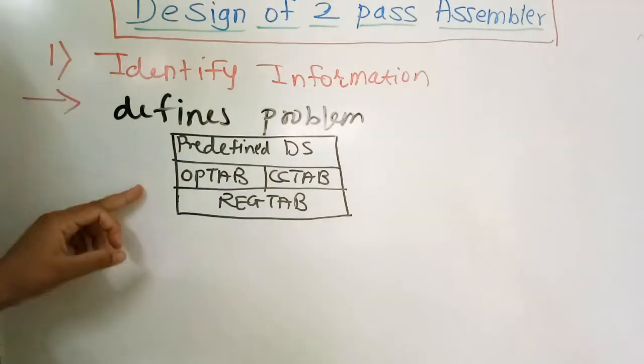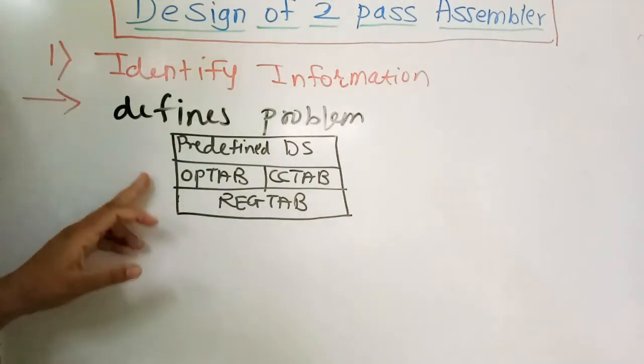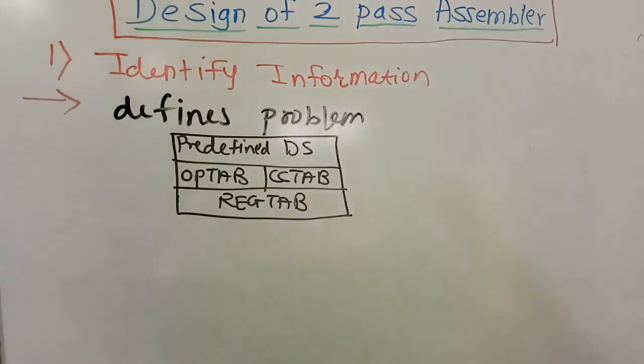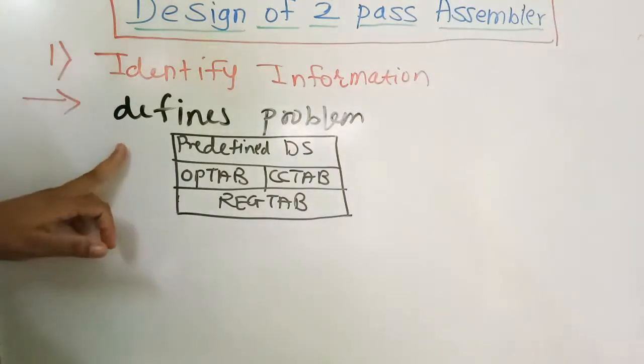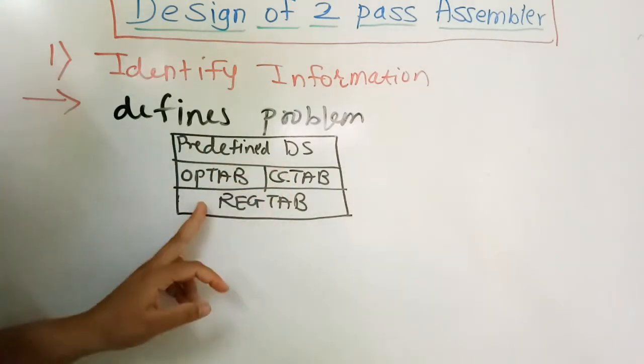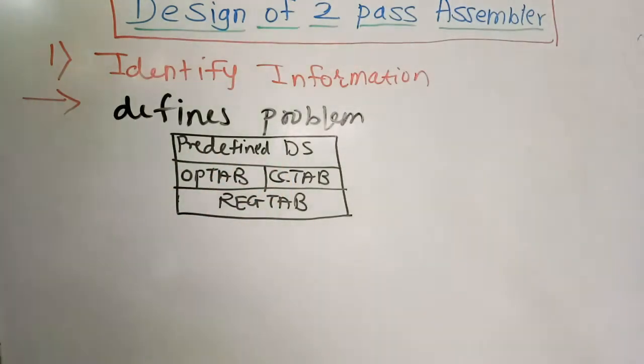While identifying the information, some tables are provided by the assembler itself. Likewise, in C, the stdio.h header file provides us some basic mechanisms. Same like that, this assembler provides us these different tables, that is the operation table, condition code table and register table. These have specific meanings and specific values listed in them previously. We don't have to create these tables. So these are system provided.